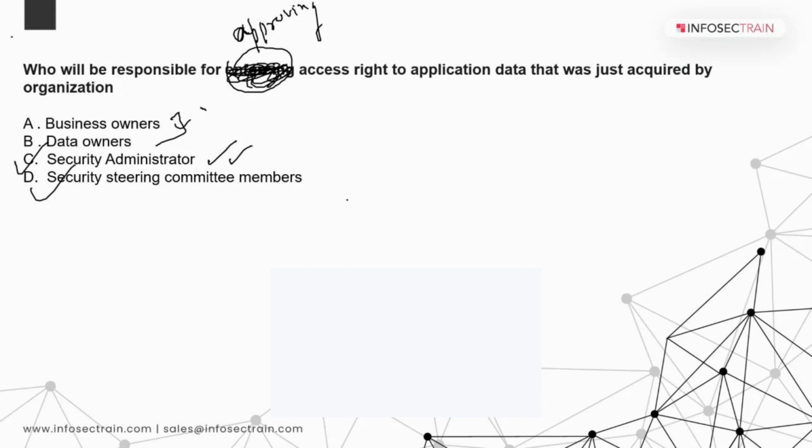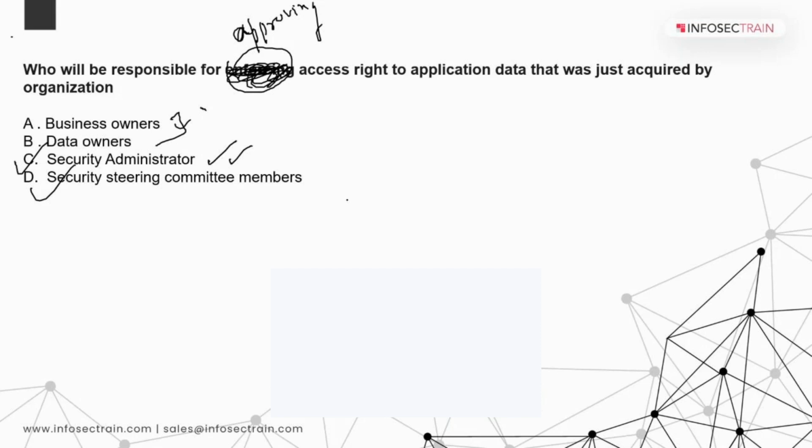Many times we read about data owner roles, security administrator roles, business owner roles, right? So please be careful about these questions. And you know that for roles and responsibilities, you will get a minimum of 2 to 3 questions.